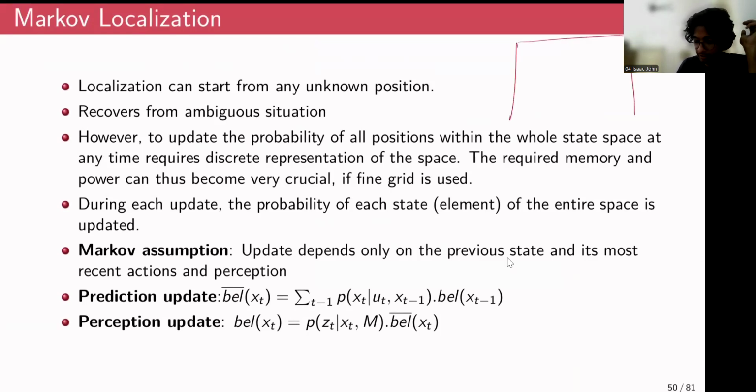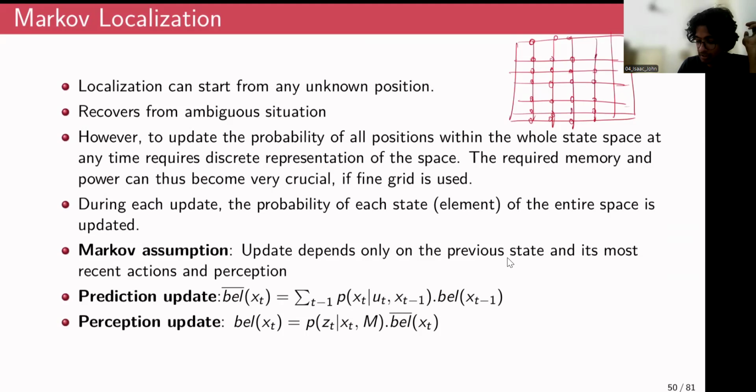The first thing is that you have to discretize the map into discrete points, and using the Markov localization algorithm, you compute the probability that the robot is at each and every grid position. At every time step, you have to recalculate that probability. That is how Markov localization works.